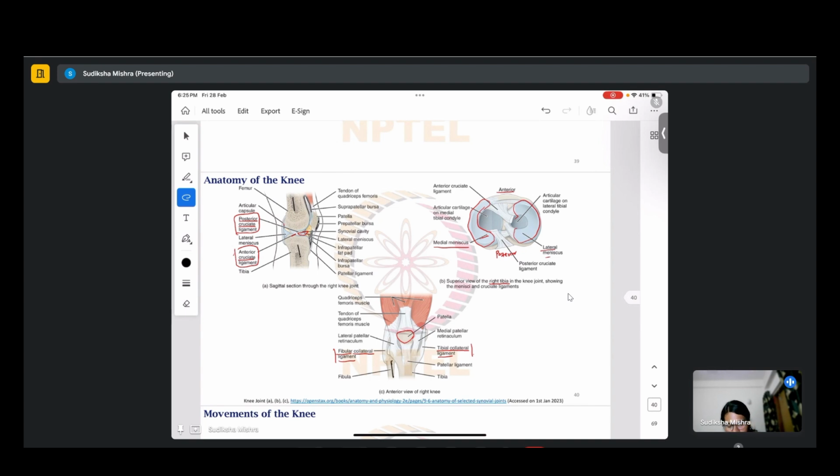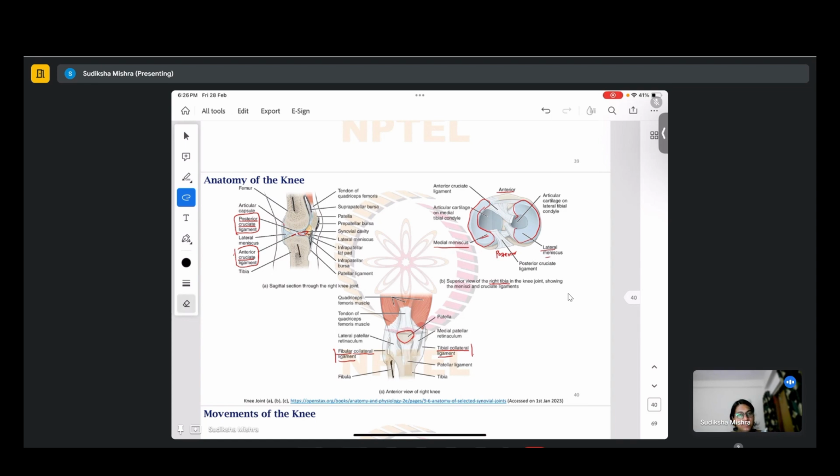And there are again a lot of tendons and ligaments here to stabilize this particular joint, because there is a lot of weight that this joint has to face. It faces the weight starting from the skull to the femur. So all of the weight, the muscles, the fat, everything is on this.